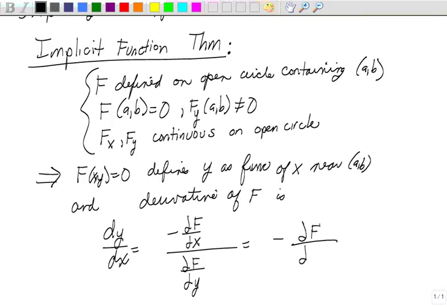Let me just write it like this with these symbols, f with respect to x, f with respect to y.